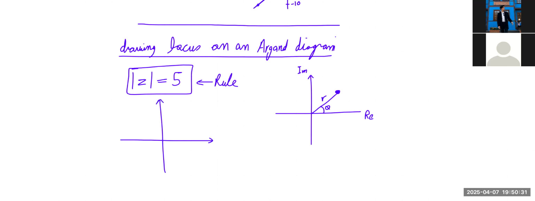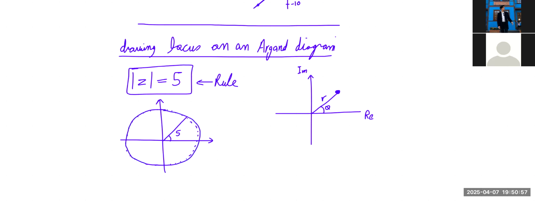So if I only care about the length of the complex number, don't you think that every single complex number on this circle fits that description? Because the circle's radius is 5? Yes. Because I didn't set an angle. I only requested a length, which means that by setting this rule, I will essentially make a circle with a radius of 5 on my Argand diagram.